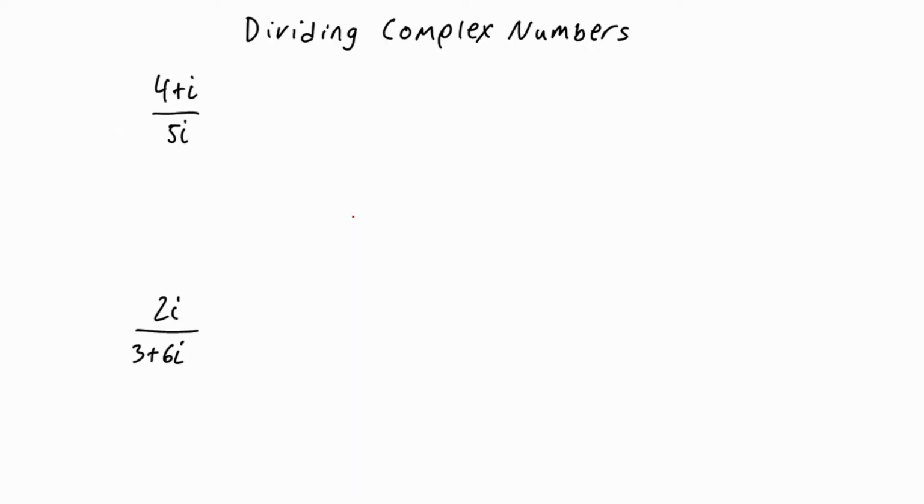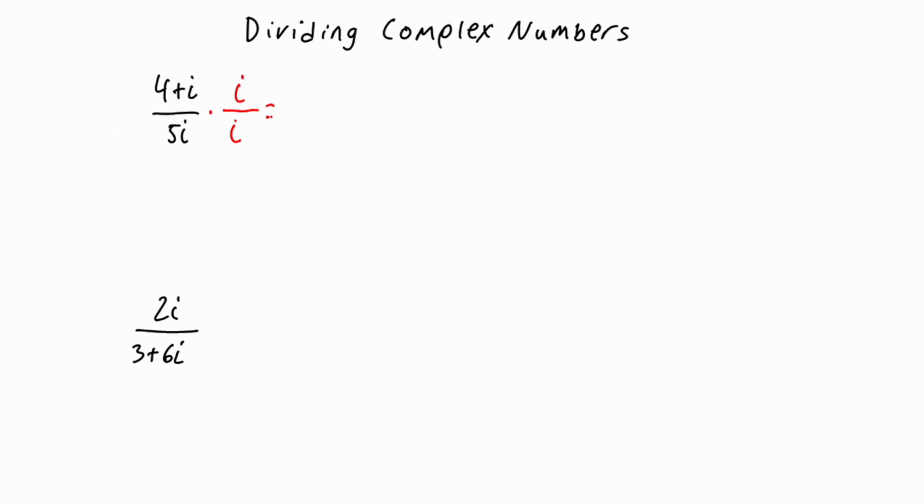All right, now for dividing complex numbers. So I have 2 examples here, and they're both a little bit different on how to do it. On the first one, we just have 5i in the denominator. And if we have just an imaginary number in the denominator, in this case 5i, all we have to do is multiply the top and the bottom by i.